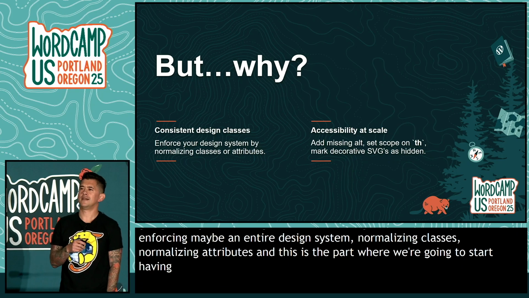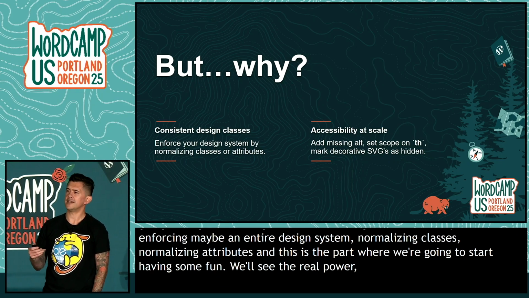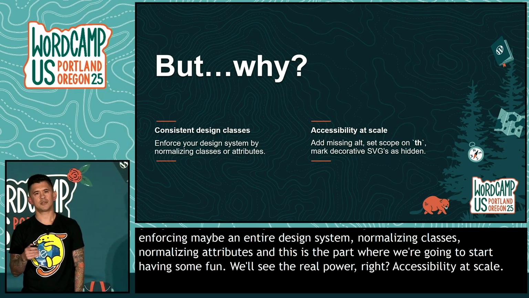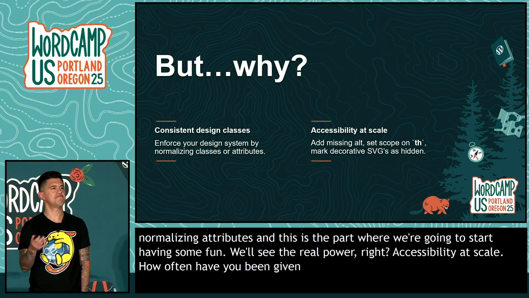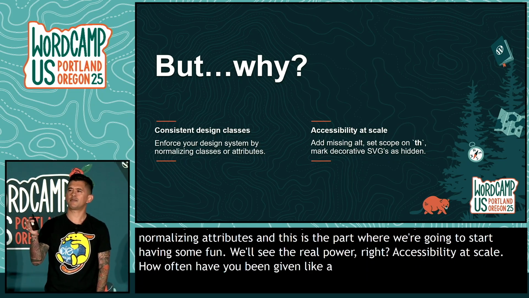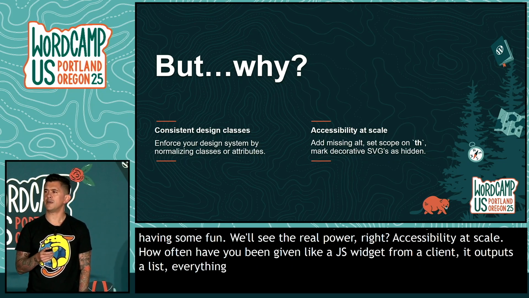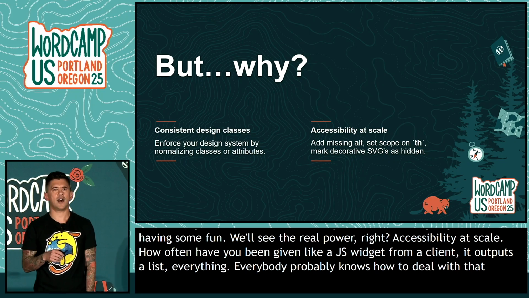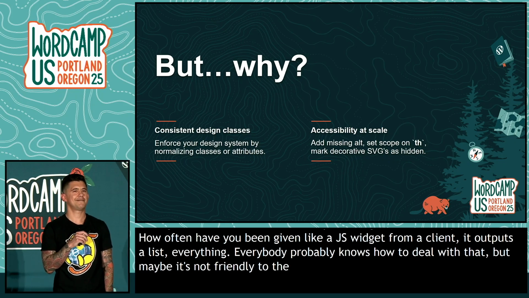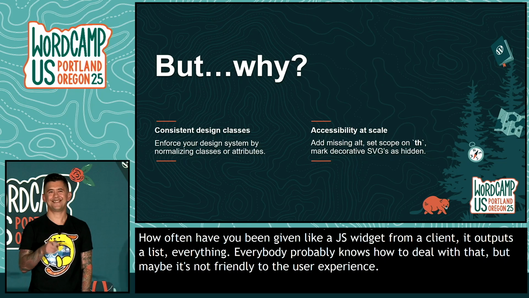Accessibility at scale. How often have you been given a JS widget from a client, or they have a source, and it outputs a list, anything? Almost everyone knows probably how to deal with that. But maybe that's not friendly to the user experience. It didn't come with an ARIA live, and that's not very polite, right? Yeah, someone got that.